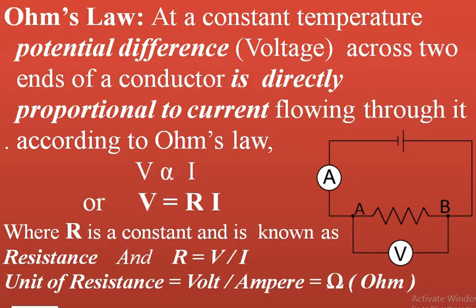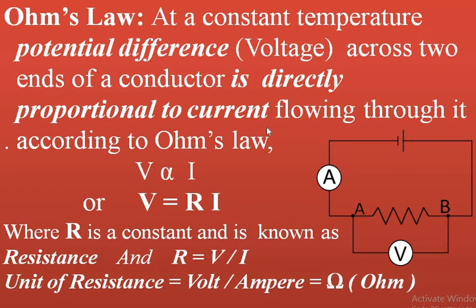So now we can define Ohm's law as at a constant temperature, potential difference or voltage across two ends of a conductor is directly proportional to the current flowing through it.